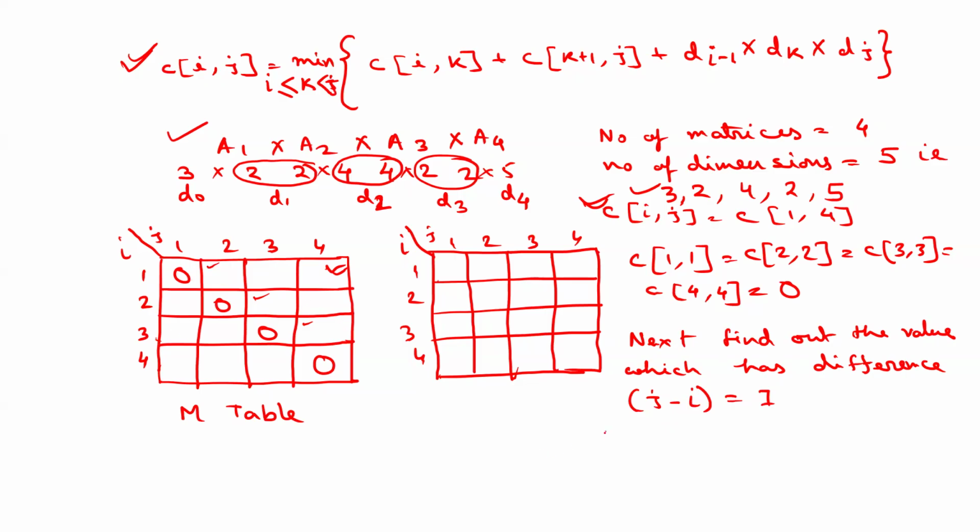That means we calculate C12, C23, C34, where the difference j minus i equals 1.